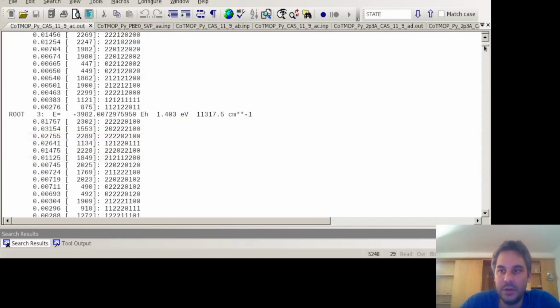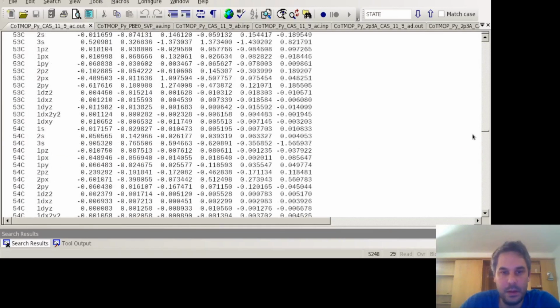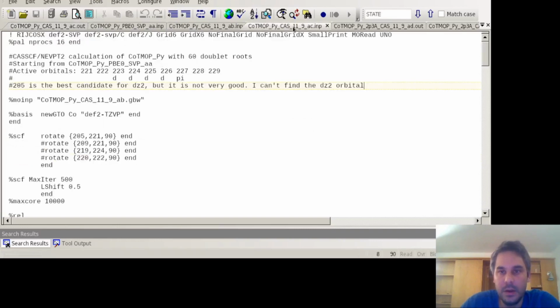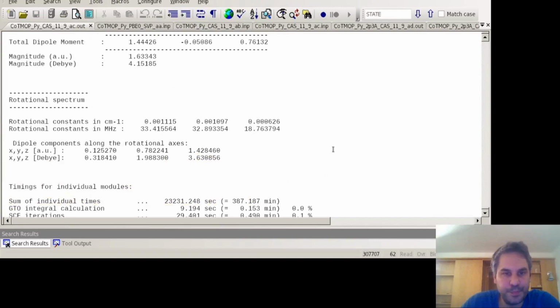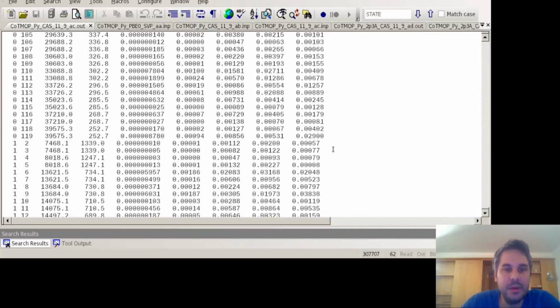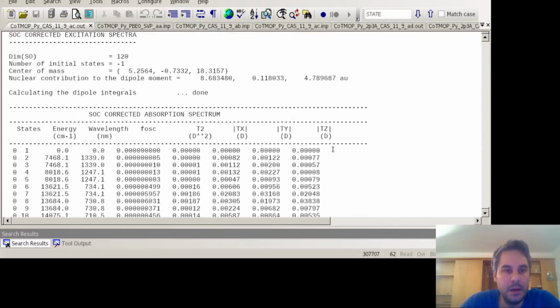We can see a lot of other things, and notice that this took 6 hours and 30 minutes, and I was running it on 16 processors. If we go up, we have spin orbit coupling corrected absorption spectra.